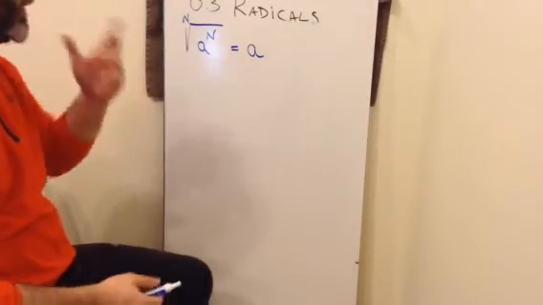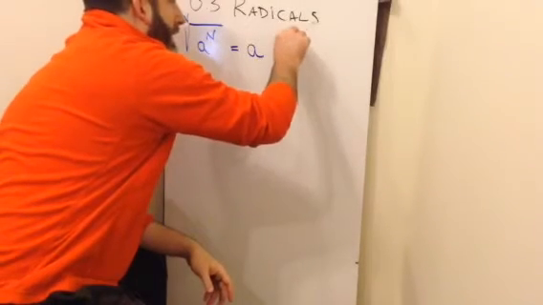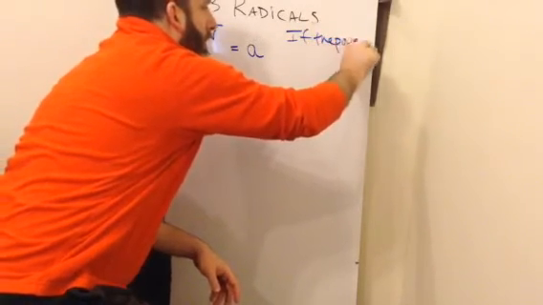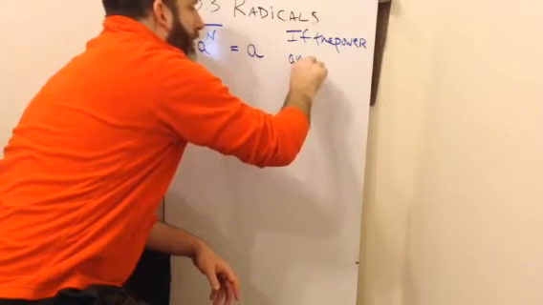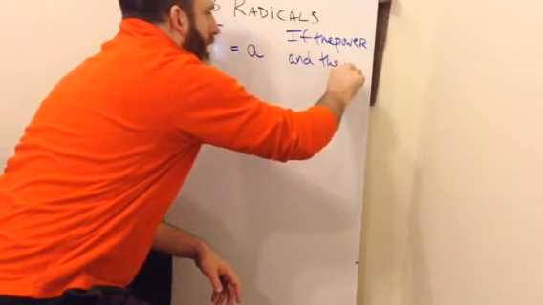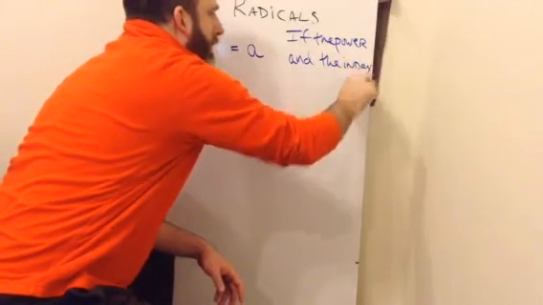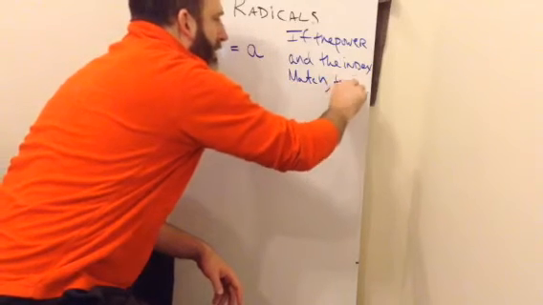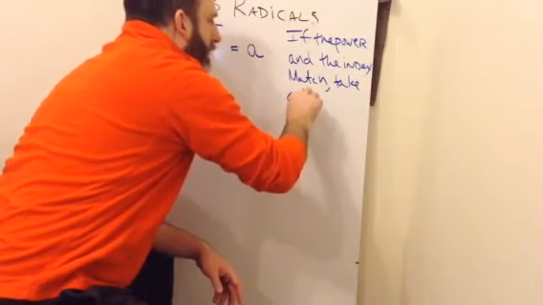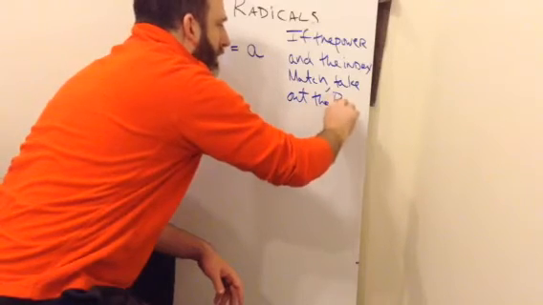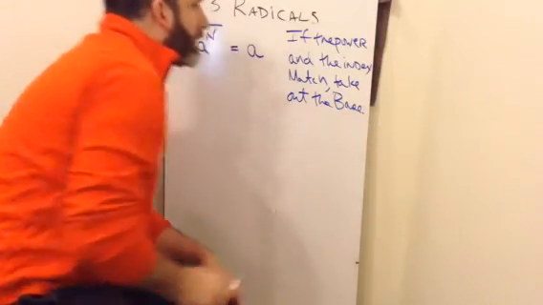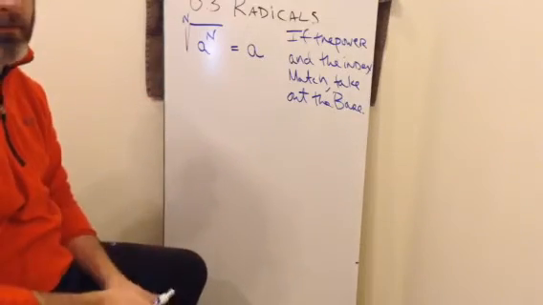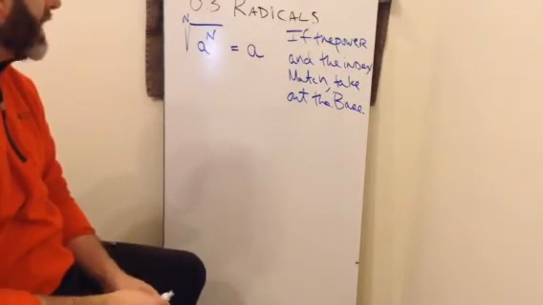So there's a phrase that I utilize: if the power and the index match, take out the base from the radical. That's a basic idea of simplifying.